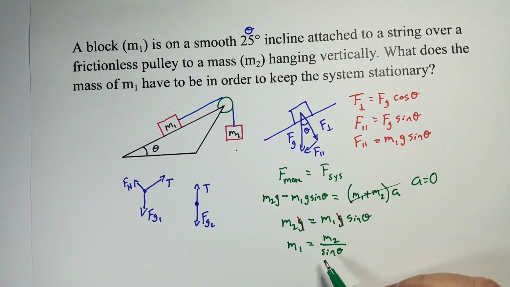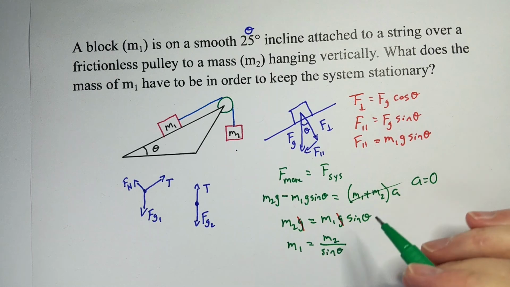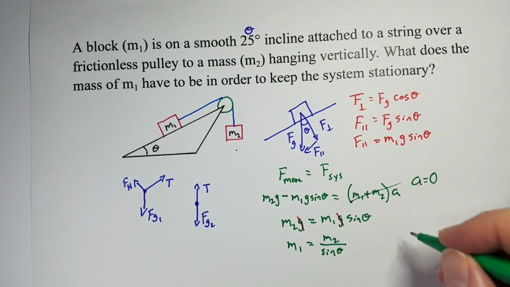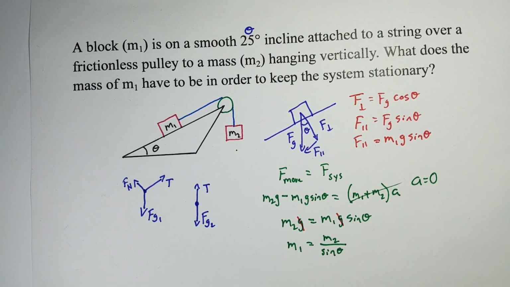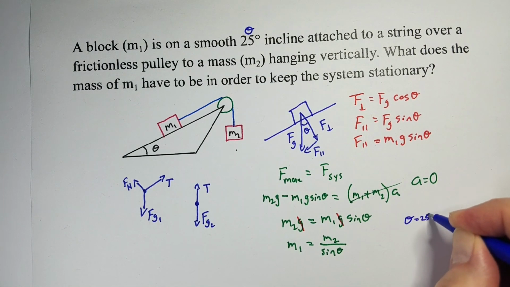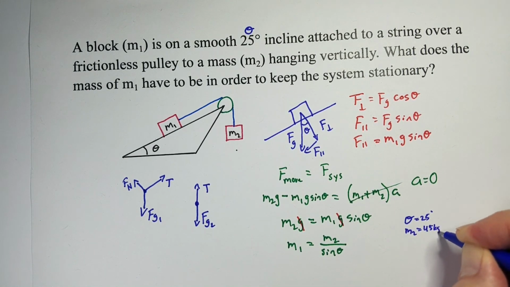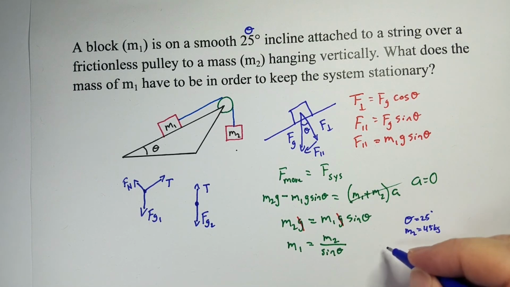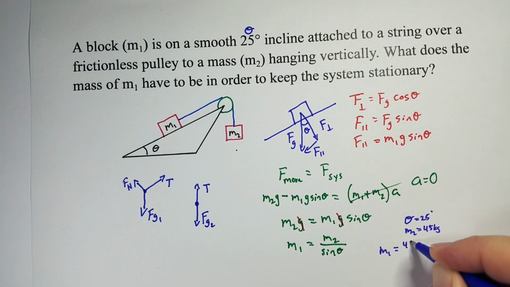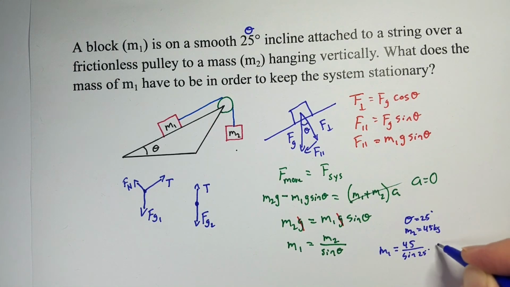Now let's check our answer. We've got one from the previous problem where we actually had numbers. So on this one, let's say that angle is 25 degrees and m2 is 45 kilograms. Plug them in and we'll see if we get the same m1. So m1 equals 45 divided by the sine of 25 degrees.